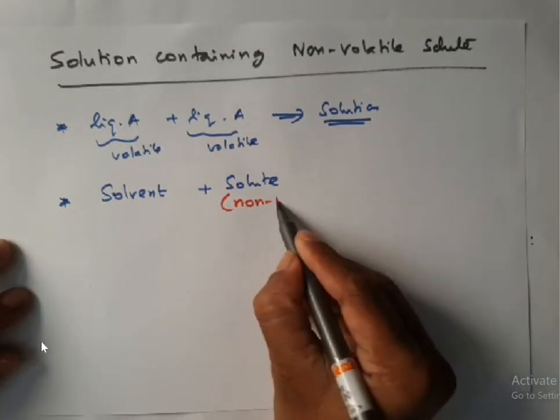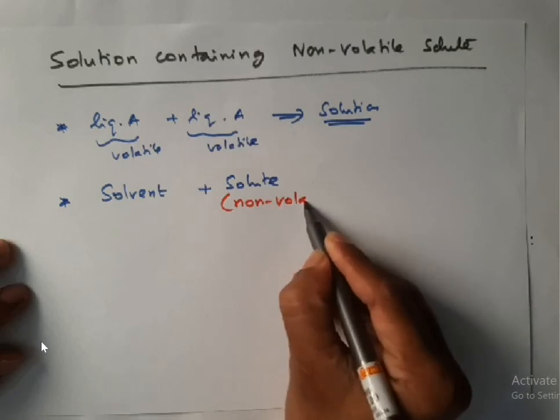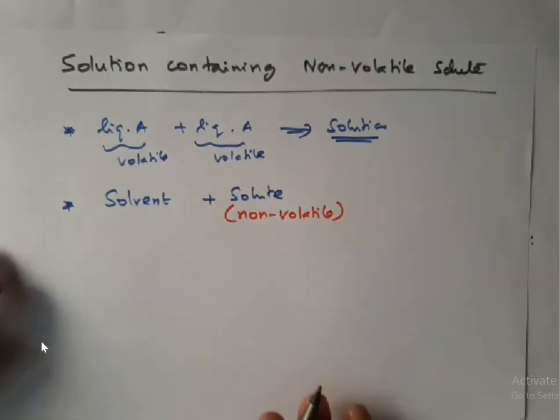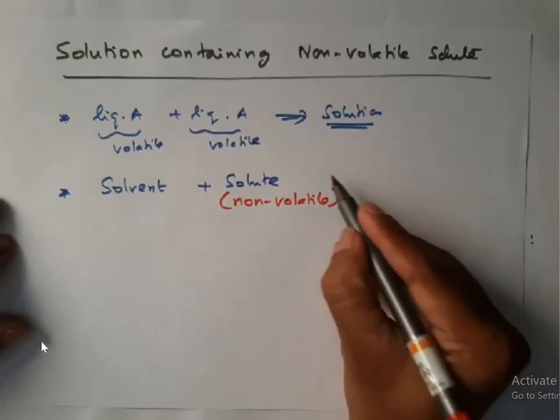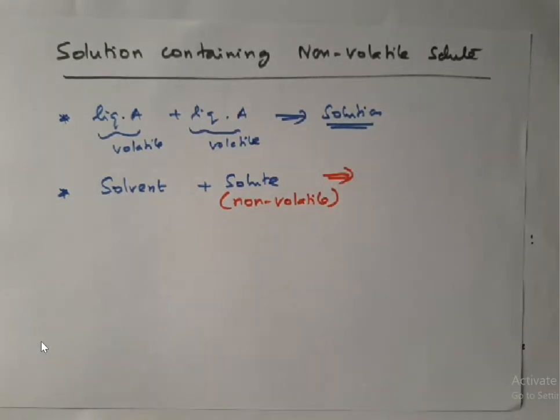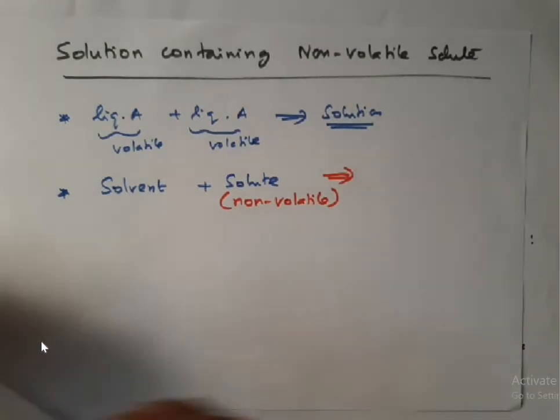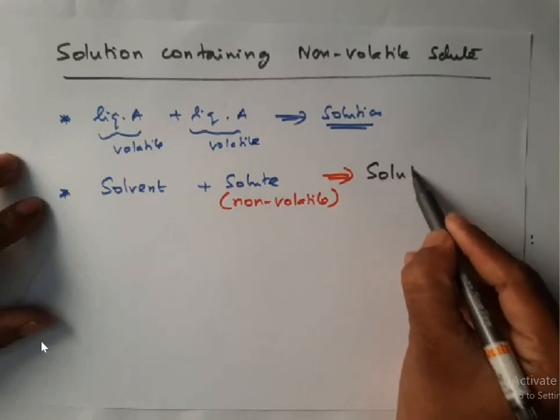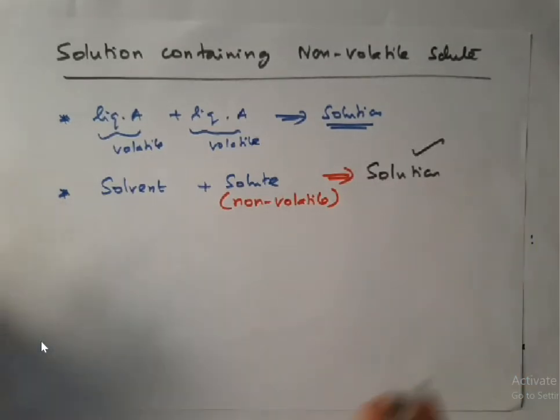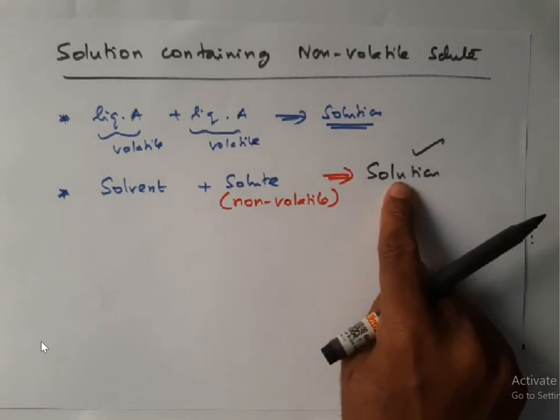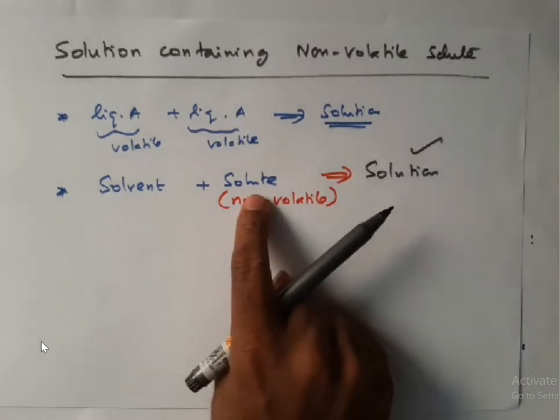It does not form vapor. That's the point. The solute is non-volatile now, and we are going to form solution from this. This is the solution we are going to discuss now. Solution in which solute is non-volatile.